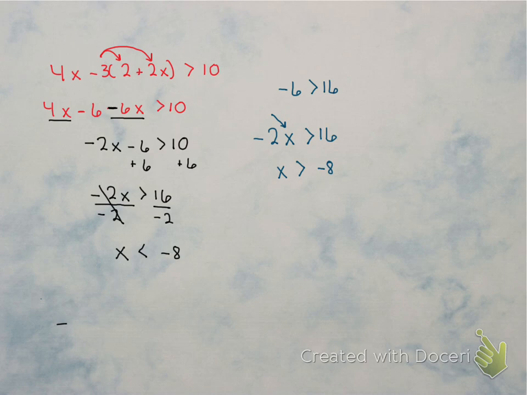So when you divide by that negative, we would get that negative 6, for example, if x is 3, is less than 16. That's why we have to change the way the inequality faces, because without changing the way the sign faces, your inequality statement is no longer true. So that's why you need to change the way the sign faces.